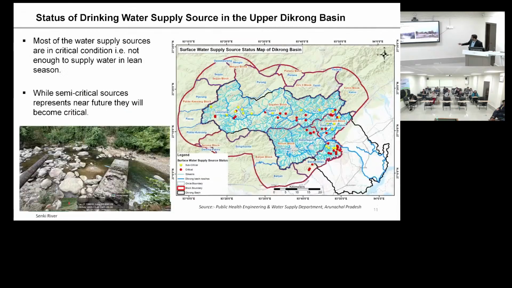One more thing I forgot. Let's say a basin covers 2 to 3 blocks. Now you see why the Itanagar and Naharlagun area doesn't have any critical or subcritical sources: because we didn't get the data. We need a lot of data for this master plan study.